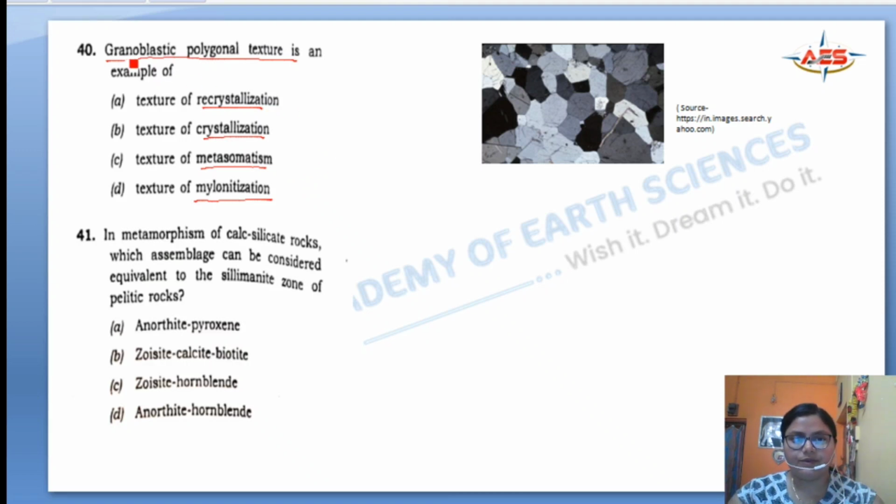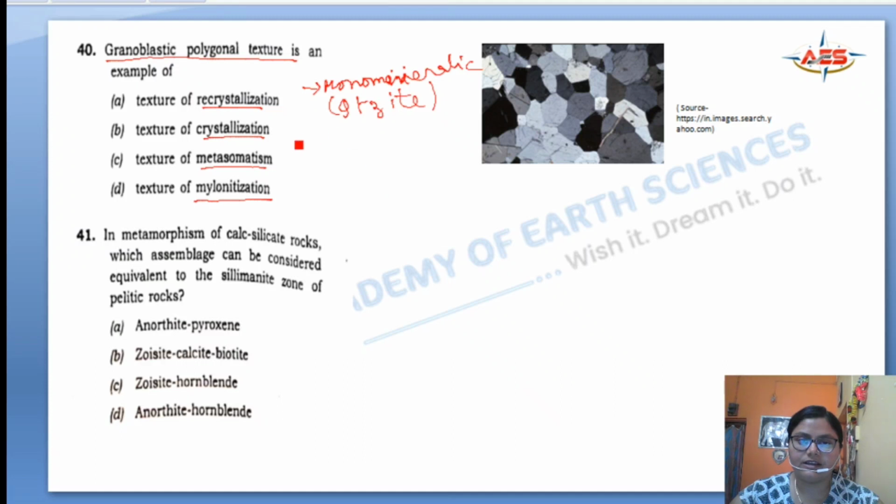Now we know that in the case of granoplastic polygonal texture, a main feature is that the grains that are present are first monomineralic, okay, means like quartzite, the rock is monomineralic in nature, and here the grain boundary is a triple junction where the grains meet at equivalent to 120 degree.